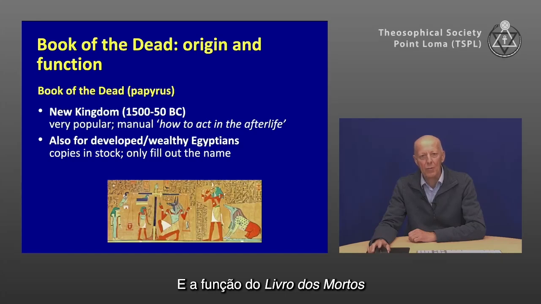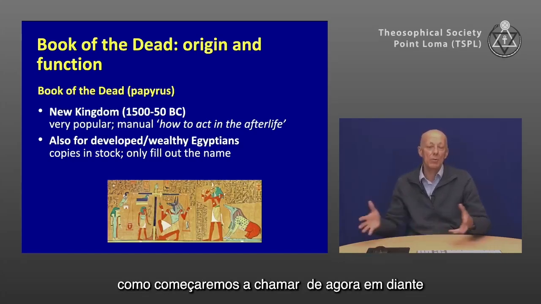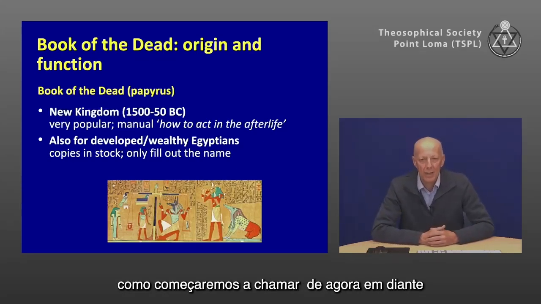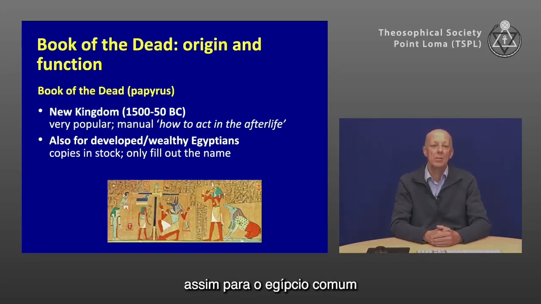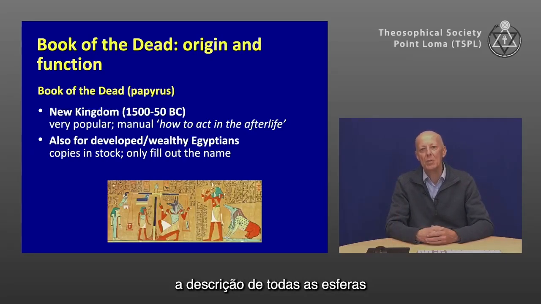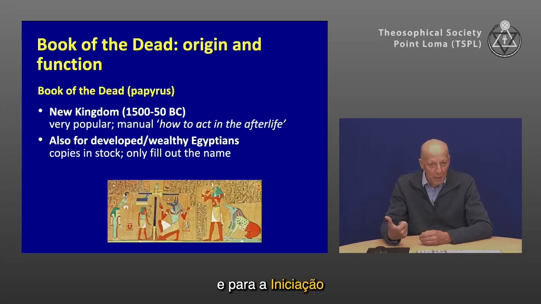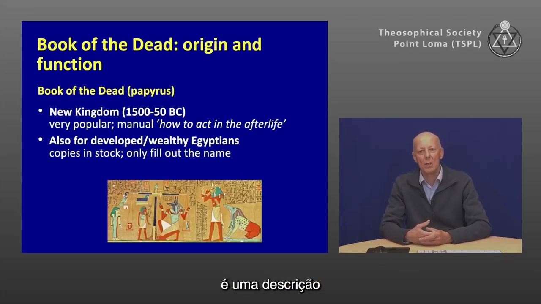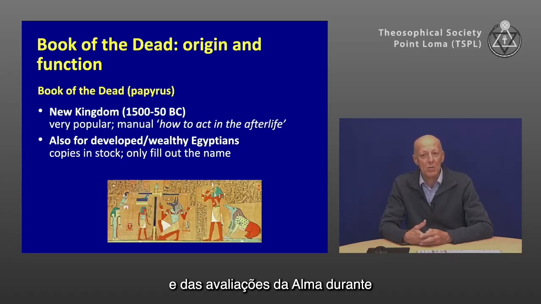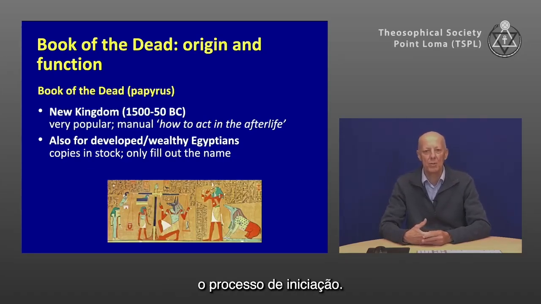The function of the Book of the Dead, as we will start calling it from now on, is twofold. For the ordinary Egyptian, it is a description of other spheres of existence after death, and for the initiant, it is a description of the transformation and the assessments of the soul during the process of initiation.